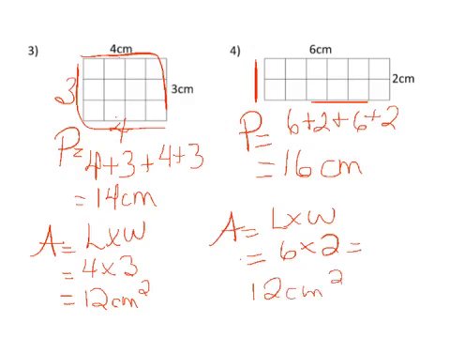So these ones have the same area, but have slightly different perimeters. And again, here we have a longer rectangle, which seems to have a larger perimeter, and a more square shaped rectangle which has a smaller perimeter.